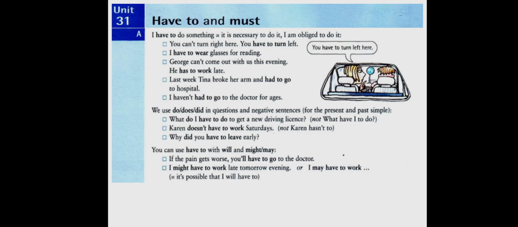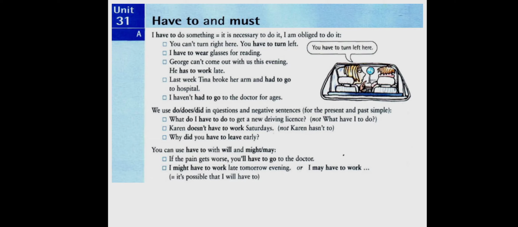We don't say what have I to do. We don't use have here as a modal verb and forward it and reverse it with the subject. No, we use it as a main verb, so we need to use helping verb or auxiliary verb do or does or did. Here the case is present and plural, so we use do.